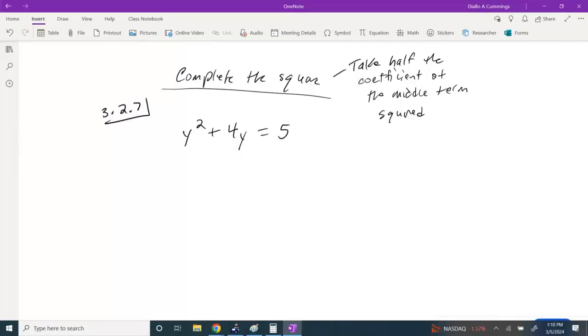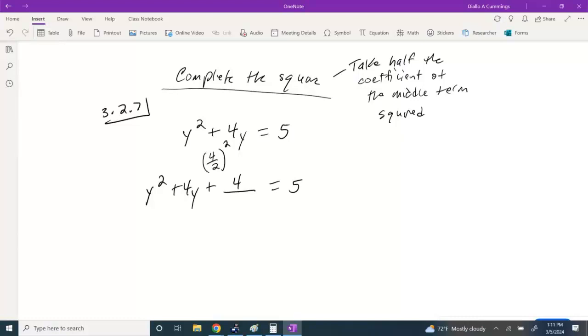So if I take a look at my left-hand side, the coefficient of my middle term is 4. So I'm going to take half the coefficient of the middle term. So I'm going to divide that 4 by 2. And then I'm going to square it. So 4 divided by 2 is, excuse me, 2. And 2 squared is 4.